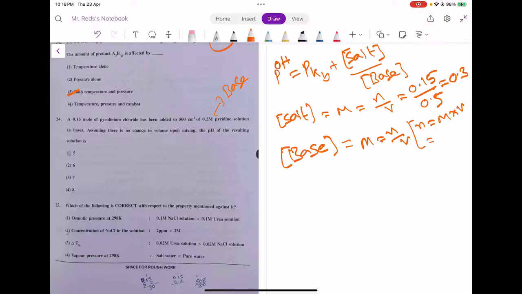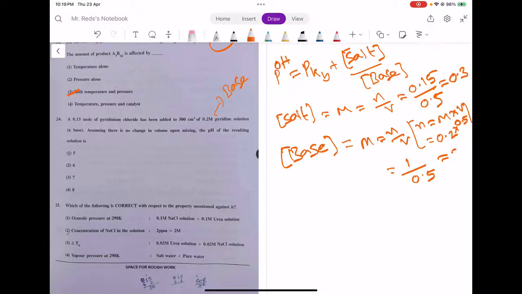Molarity is here 0.2 into volume 0.5, is equal to 0.2 into 0.5, that is 0.1 moles by volume. 0.5 is here.